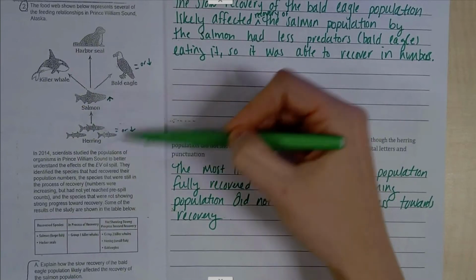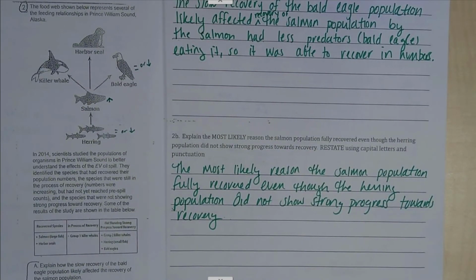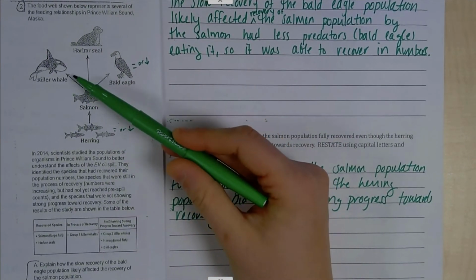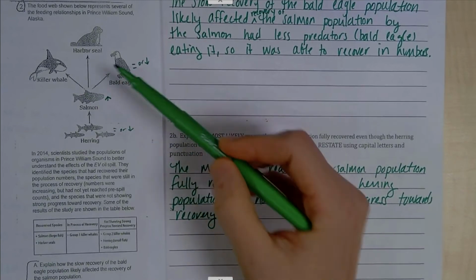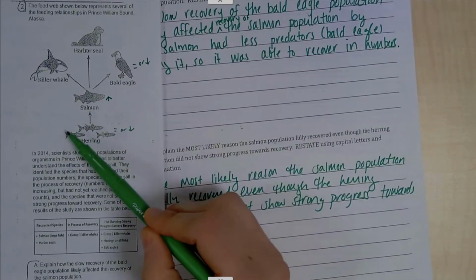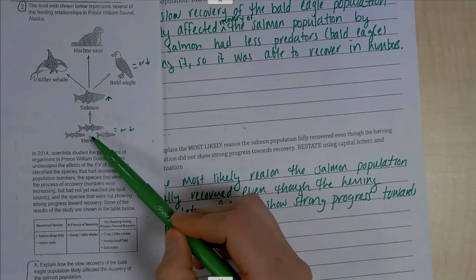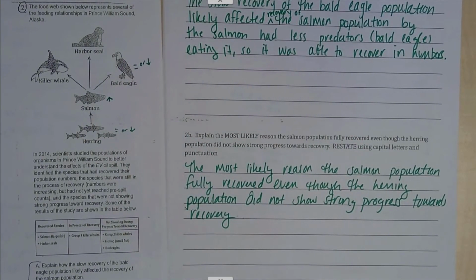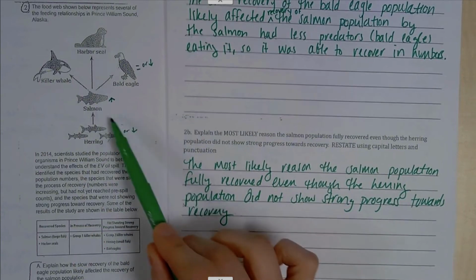Well, this is just an example. It's not everything that those things eat out in nature, those organisms. So the salmon could have other predators. The salmon also could be eating other organisms other than herring. They probably don't just eat one thing out in nature. And the same thing with the herring might have other predators other than salmon.